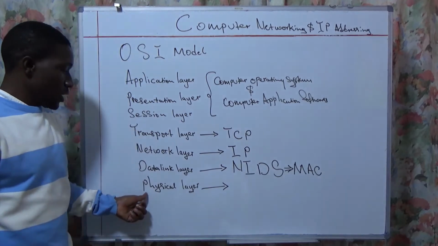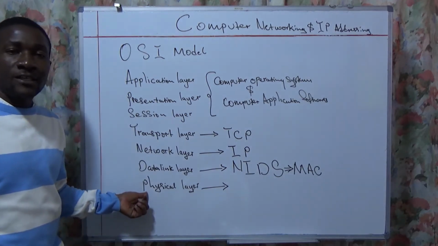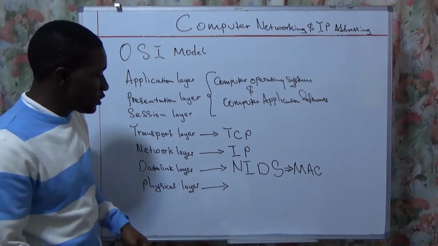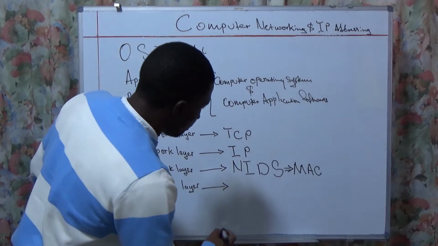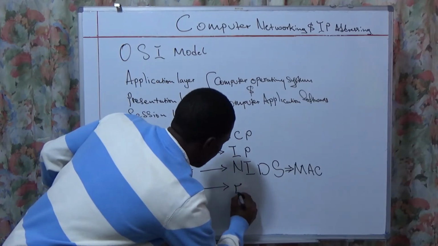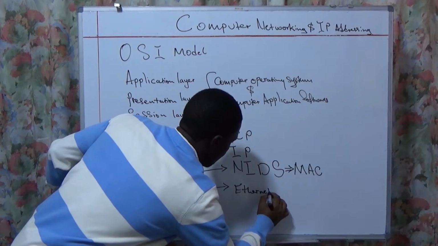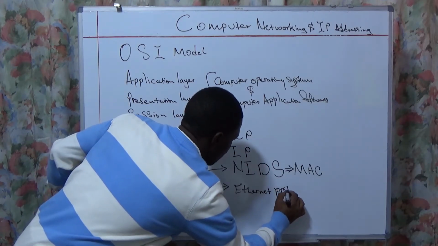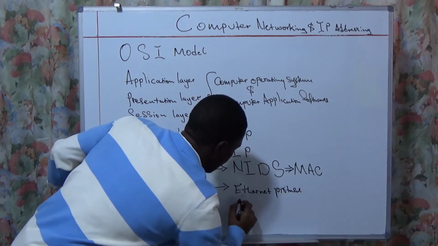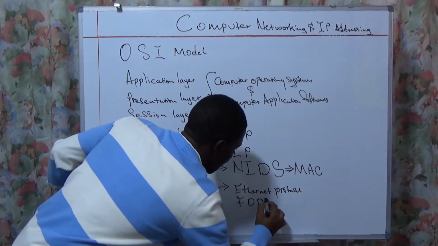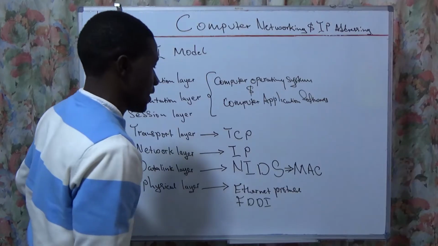Now, lastly, we go to our physical layer, and the protocols at the physical layer include the Ethernet protocol and the fiber distributed data interface.